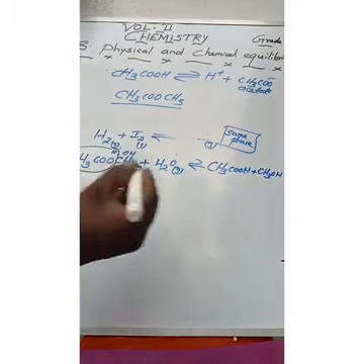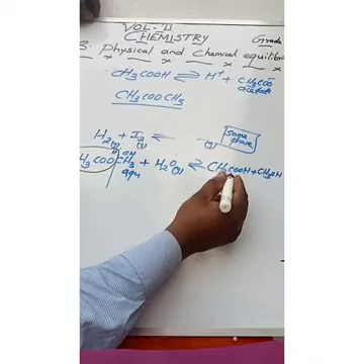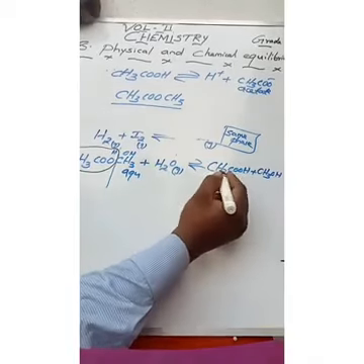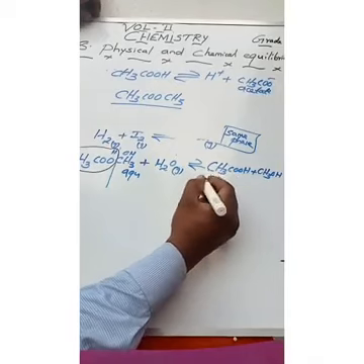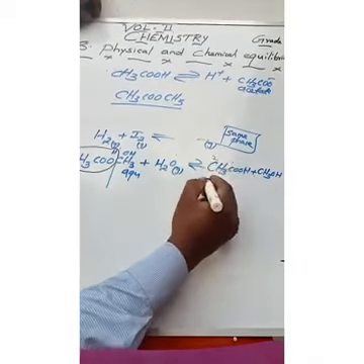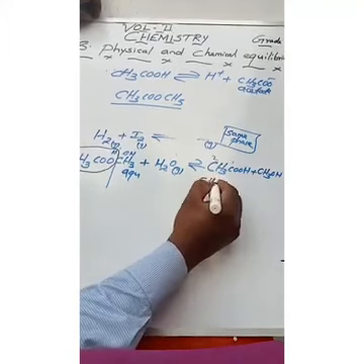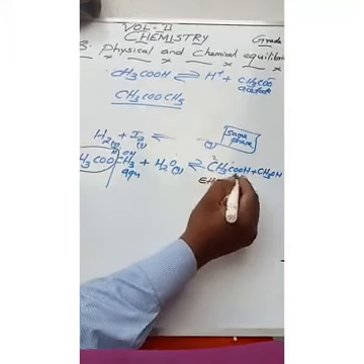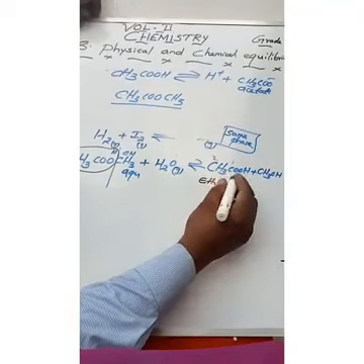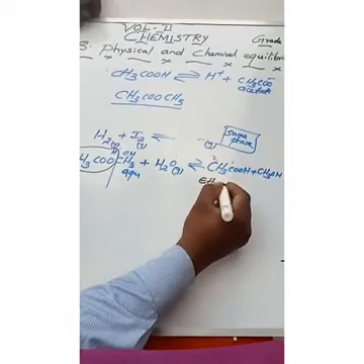Can you say the IUPAC name of acetic acid? How many carbons are there? 2 carbons, so you have to say eth. Eth is the root word. Already I explained those rules. After the root word you say single bond, double bond, or triple bond.